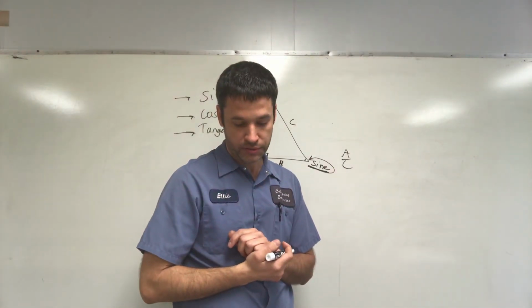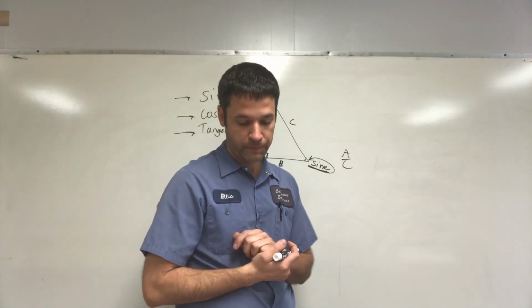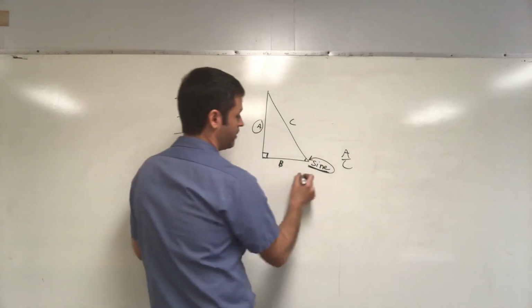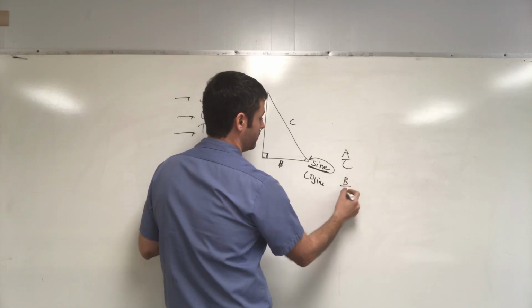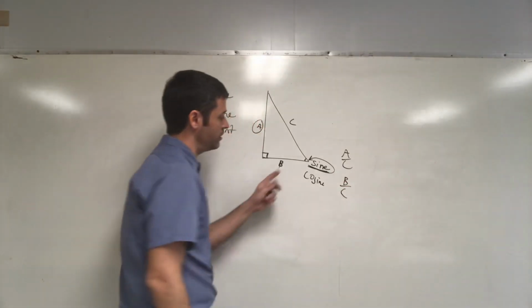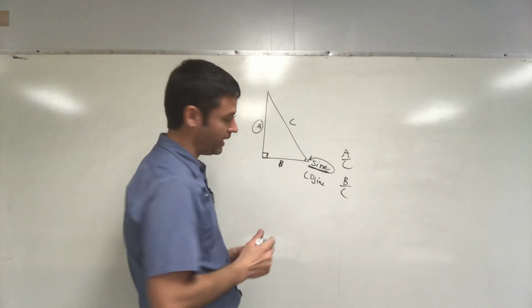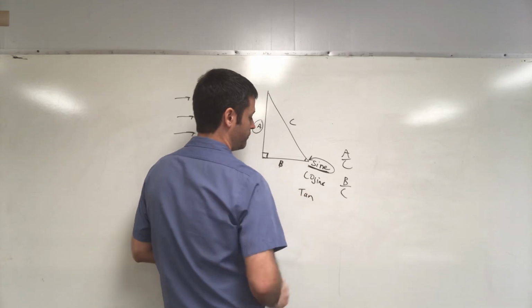Cosine is the length of the leg adjacent to the angle over the length of the hypotenuse. So the cosine of this same angle is B over C. Again, adjacent over hypotenuse. And then the tangent, that's often abbreviated as tan.